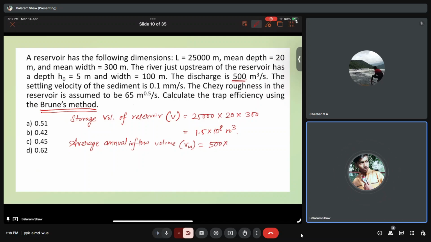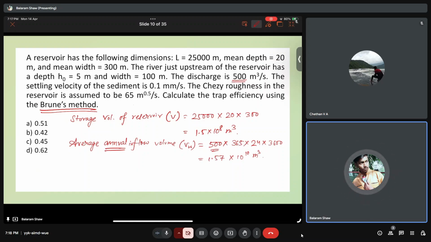So it will be for 1 year, right? So it will be 365 into 24 hours into 3600 seconds, because this is in meter cube per second, right? How much are we getting in this? Can calculate and tell me how much you are getting. I am getting somewhere around 1.57 into 10 to the power 10 meter cube.